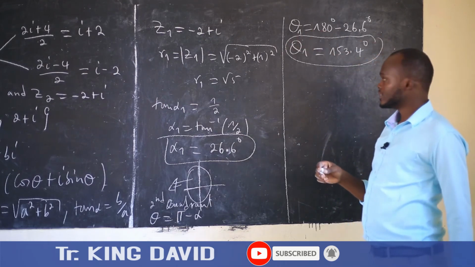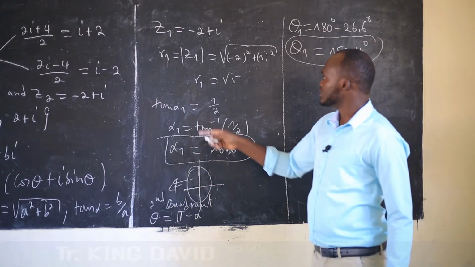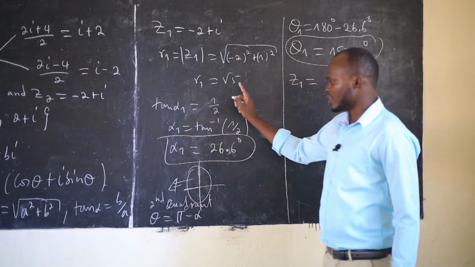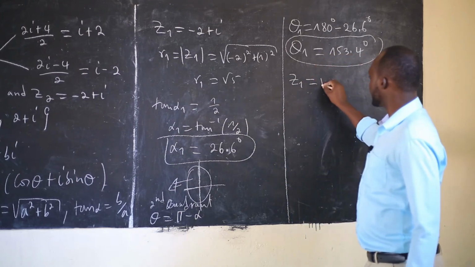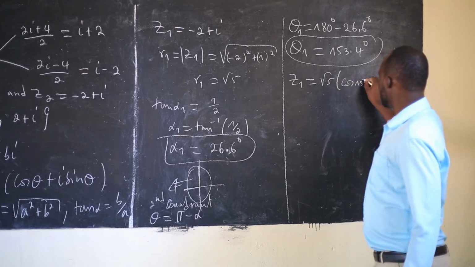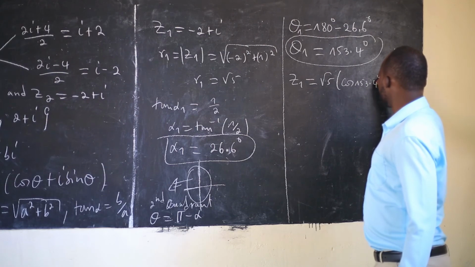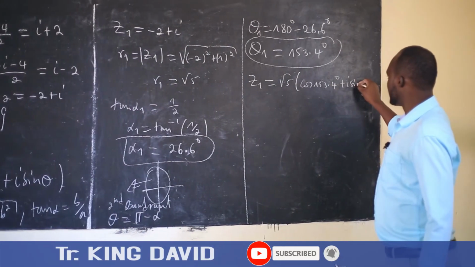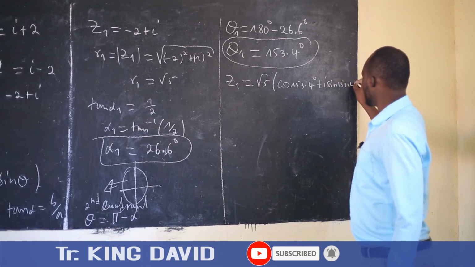So our z1 in the polar form will be equal to root 5 into bracket cos 153.4 degrees plus i sine 153.4 degrees.